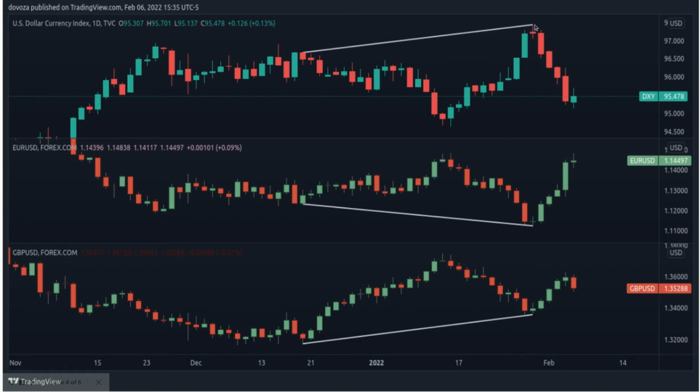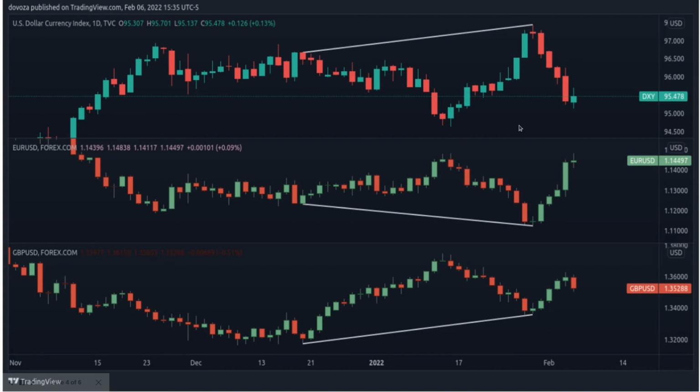The dollar, on the other hand, made a higher high. So the pound did not make a comparable low as we would want it to do, just like the euro did here. So it wasn't willing to go down, yet the euro was trying to go down and the dollar was trying to go up.